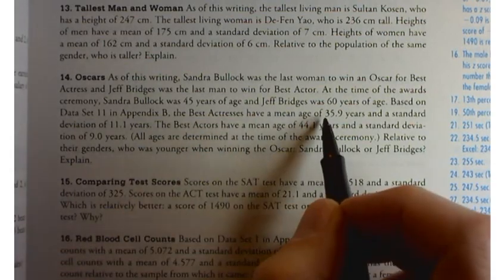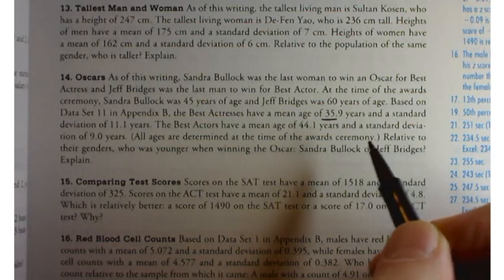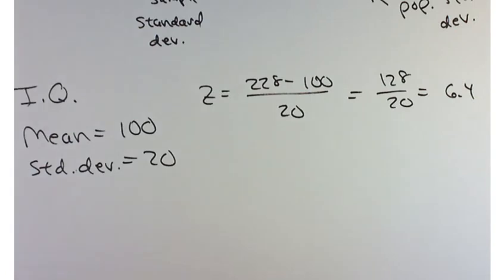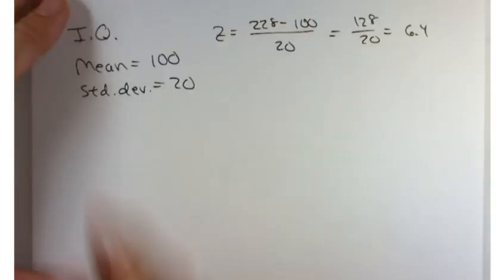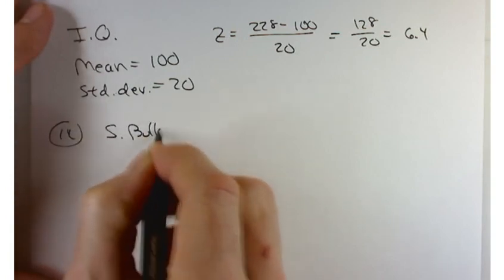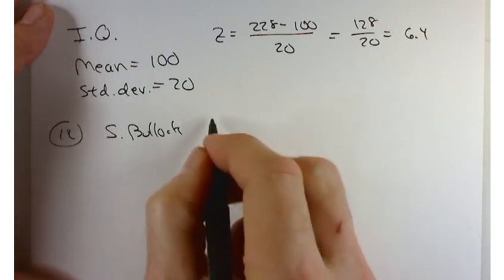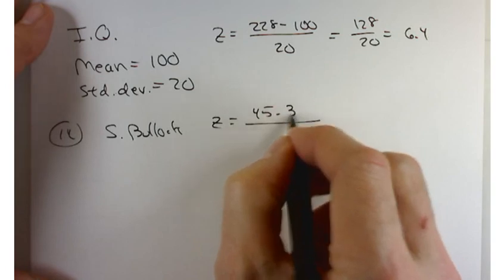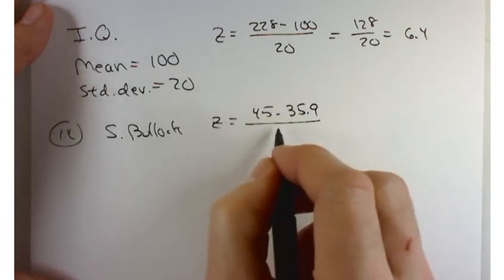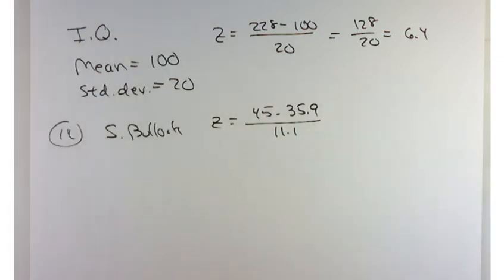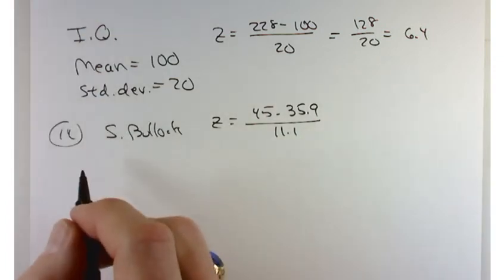Best actresses have a mean age of 35.9 and a standard deviation of 11.1. So let's find the z-score for Sandra Bullock. Z would equal 45 minus 35.9 divided by 11.1.